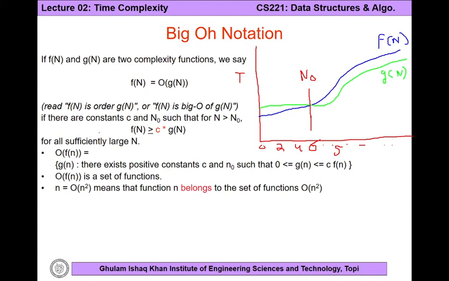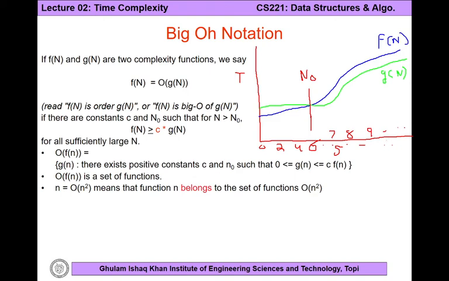Now let us read this line. If f of n and g of n are two functions, we say f of n is order g of n if there are constants c, which I have not written here, but we can use that, but I am ignoring that, and n naught such that for n greater than n naught. Now the size of the input is 0, 2, 4, 6, but after this 6, n gets, let's say 7, 8, 9, and so on.